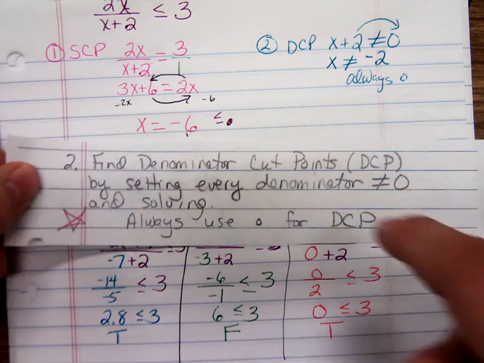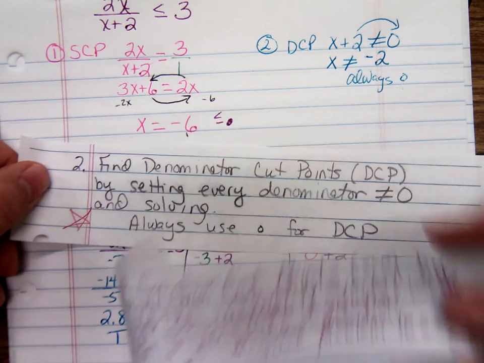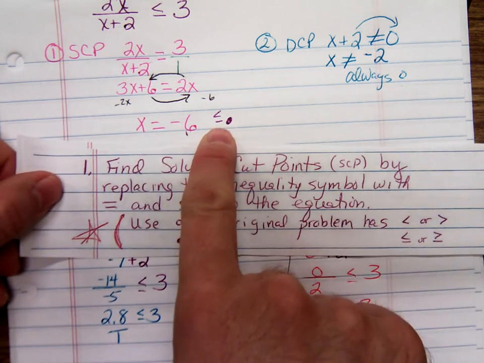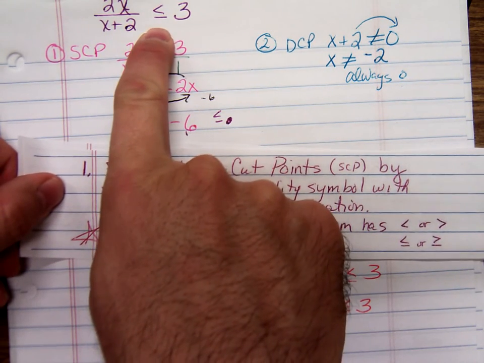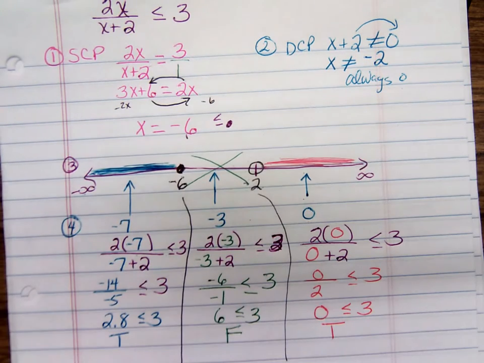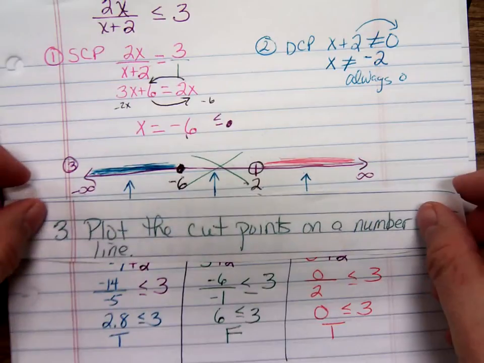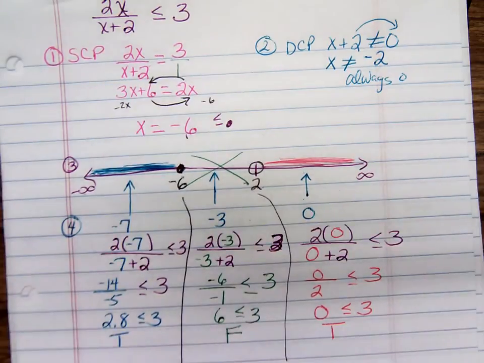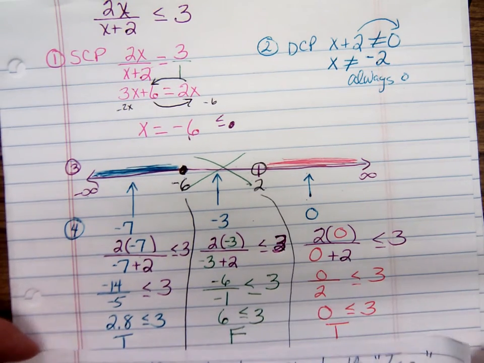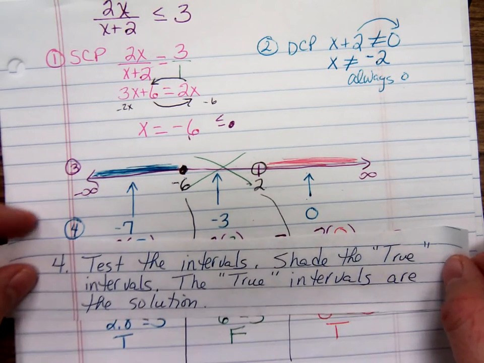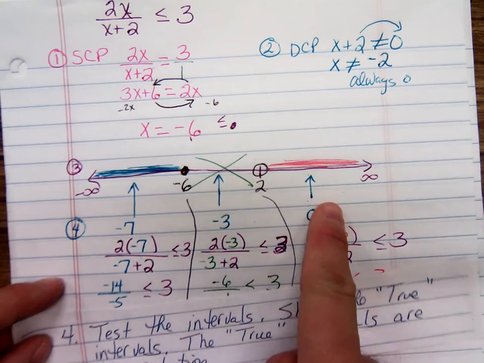With the solution cut points, you look up here in the original problem. Then you plot those numbers on a number line. And then what we just finished doing, you test the intervals. Choose a number from each interval and plug it into the original problem.